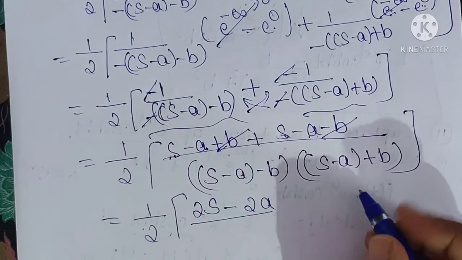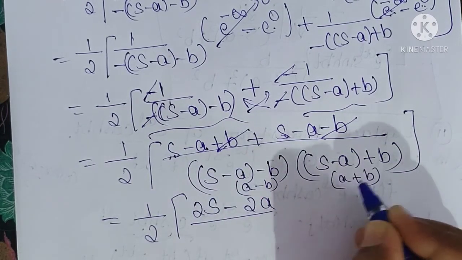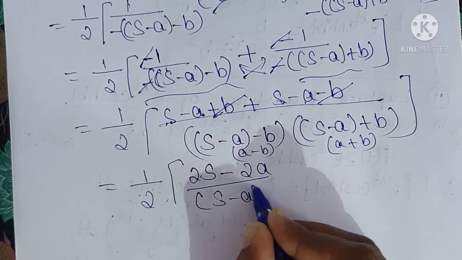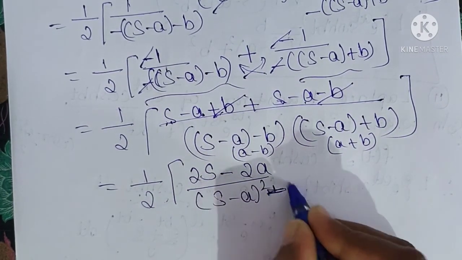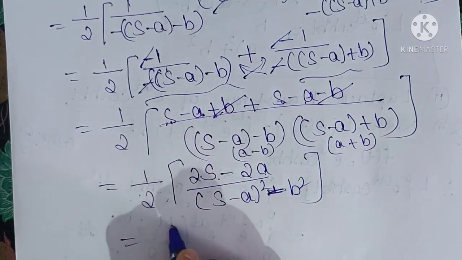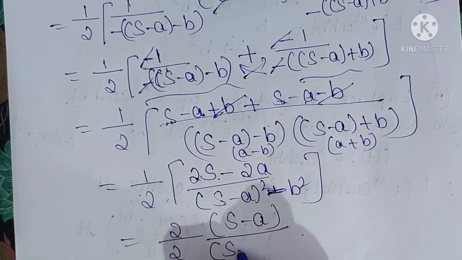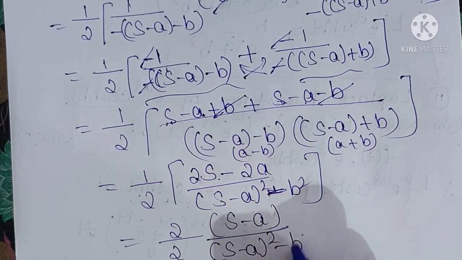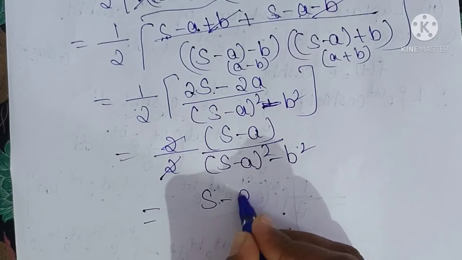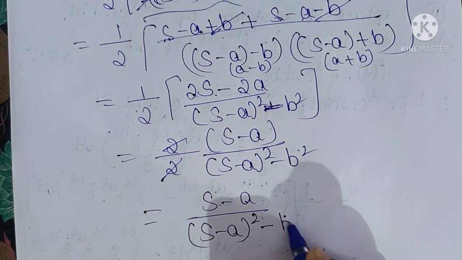The denominator is of the form (a-b)(a+b), which is a² - b². Here it is (s-a)² - b². In 2s - 2a, 2 is common, take it out, remaining (s-a) divided by (s-a)² - b². The 2 cancels, remaining (s-a)/((s-a)² - b²).